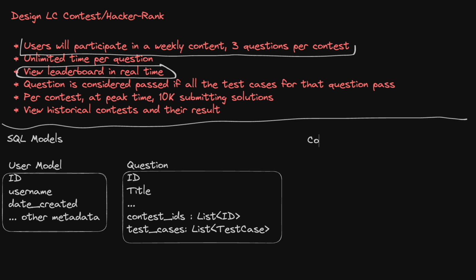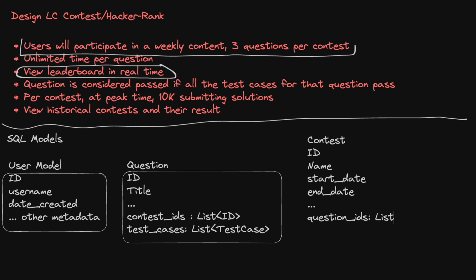Okay, so let's see what another model we might need is. And obviously we need a contest model to store each contest. So each contest is going to have an ID. Maybe they'll have some unique name. They'll probably have a start date, an end date, and then some other metadata. We're not going to concern ourselves with that. And then for each contest, there's going to be question IDs.